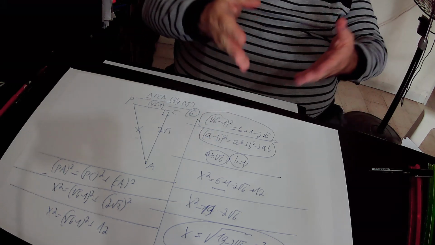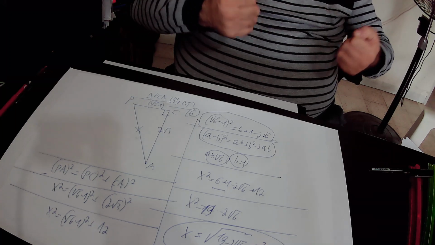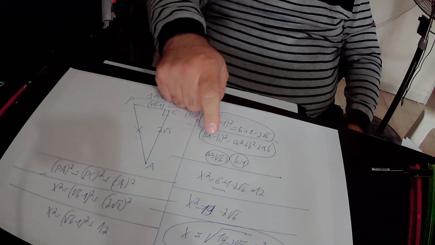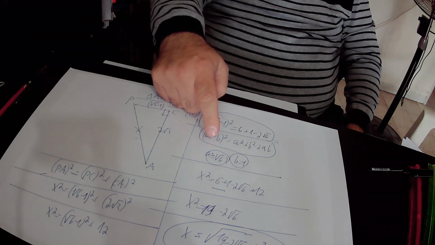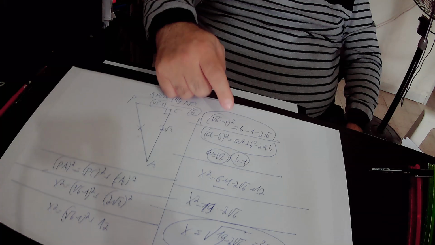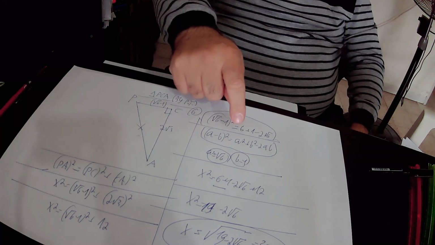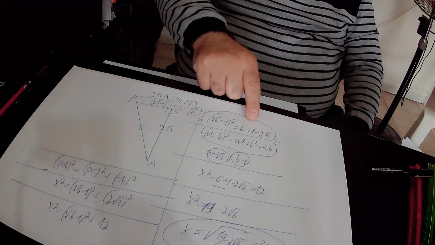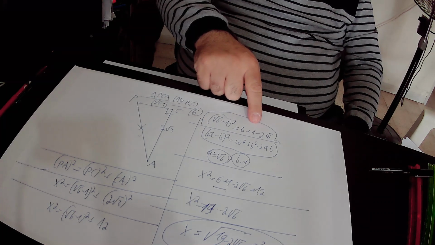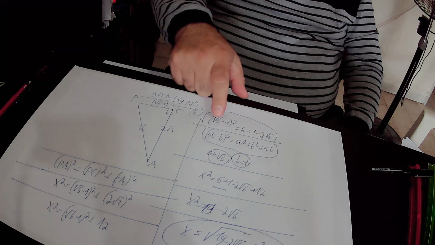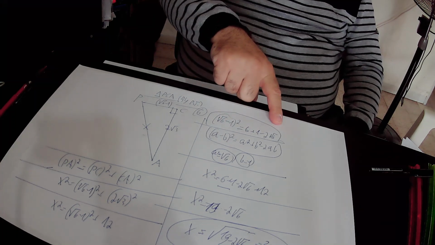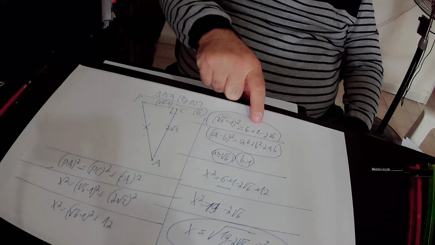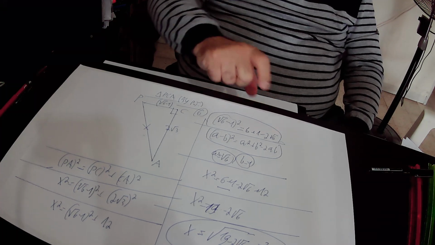So A square is square root of 6 square, that is 6, plus B square, that is 1 square, that is 1. So it is 6 plus 1 minus 2 times AB, minus 2 times square root of 6 times 1. So square root of 6 minus 1 square equals 6 plus 1 minus 2 times square root of 6.